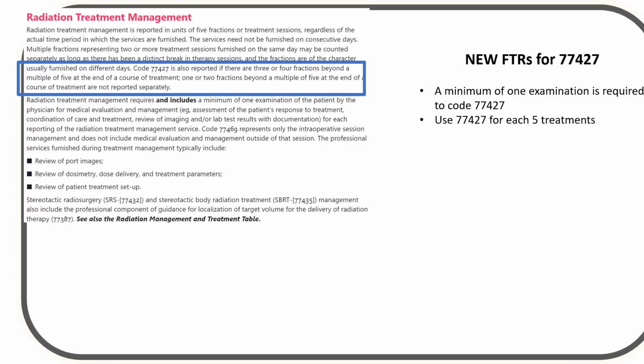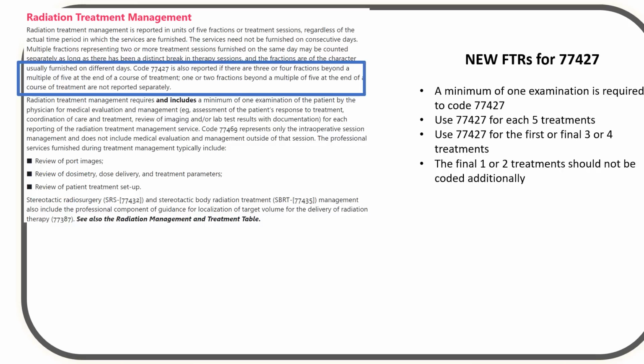Also, you use 77427 for each 5 treatments, and for the first or final 3 or 4 treatments. What does that mean? If you just have 3 treatments, you can use 77427. If you just have 4, same thing. If you have 5, you can use it because it codes for 5 treatments.